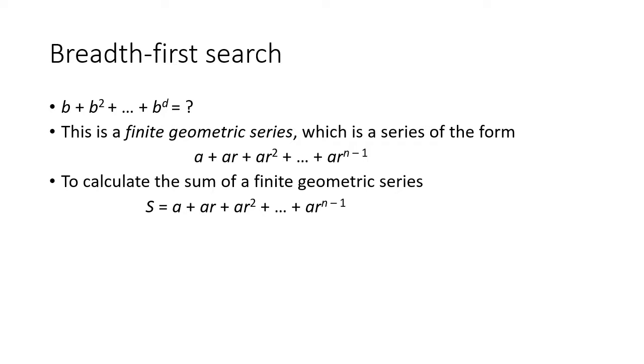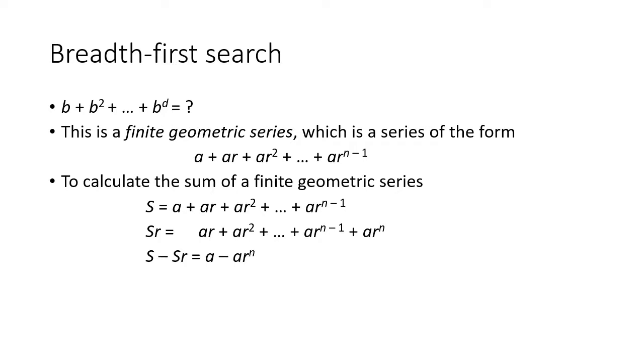and then do something that I think we have seen before: multiply both sides of this by r. And so we have S times r on the left-hand side, and on the right-hand side, we've multiplied each value by r, and so we have a r all the way up to a times r to the nth power.